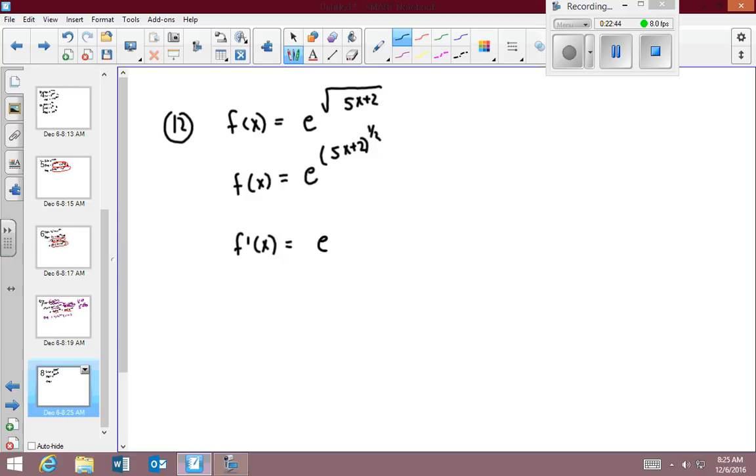So the first derivative is just that exponential function, times the derivative of the exponent. Derivative of the exponent, I bring the 1/2 out in front. So 5x plus 2, drop the exponent by 1, so it's a minus 1/2. And then the derivative of what's inside, and that's going to be 5.